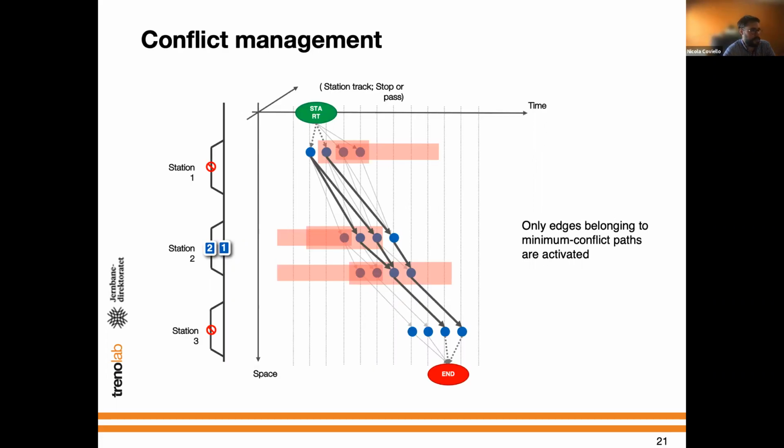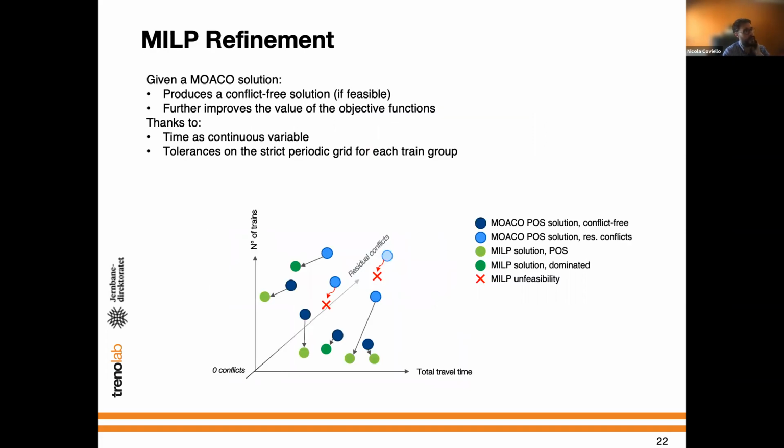So we basically have, as the result of the multi-objective ant colony optimization algorithm, a Pareto set of timetables which are not necessarily conflict-free. So there could be timetables with residual conflicts. If the user wants absolutely to deal just with conflict-free timetables, we refine the timetables produced by the ants with a mixed integer linear programming formulation.